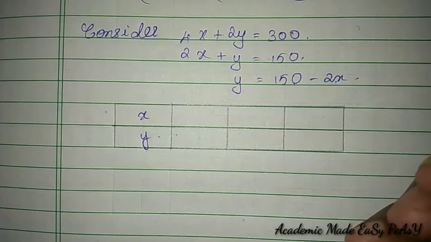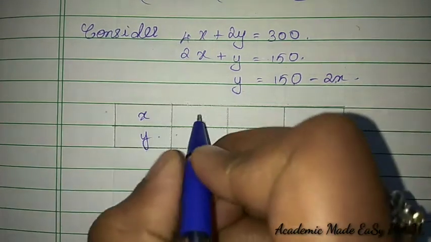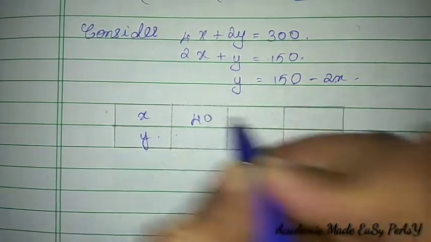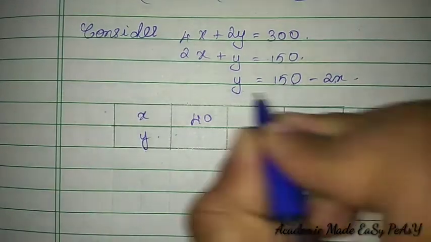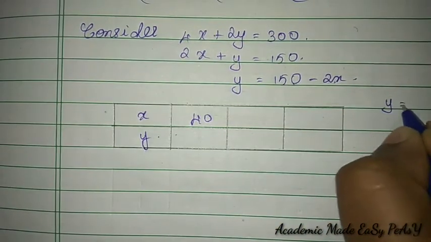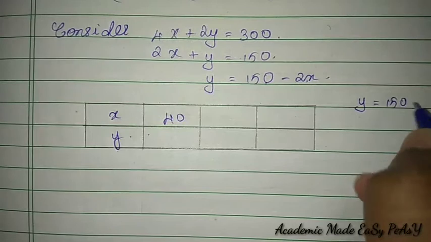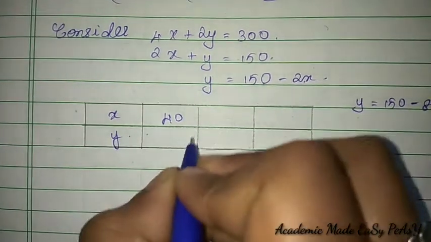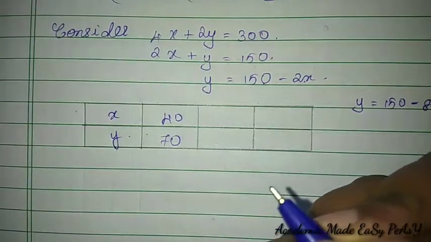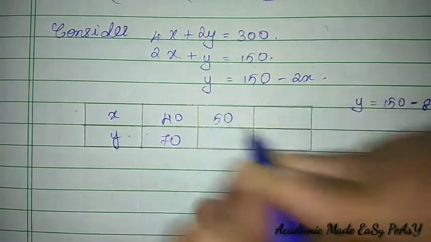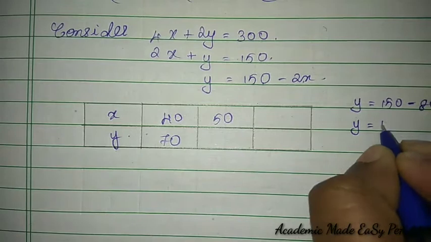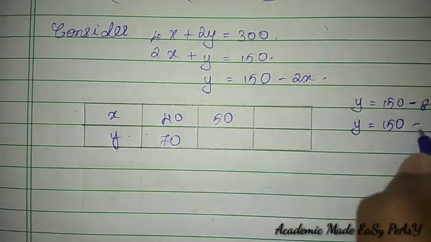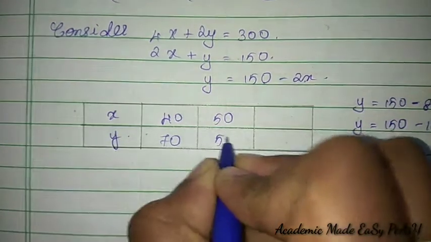So now let me start from 40. If I have my x as 40, then y is equal to 150 minus 2 into 40, it is 80. So I will have 70. Next I will have 50. So y is equal to 150 minus 2 into 50, it is 100, so 50.